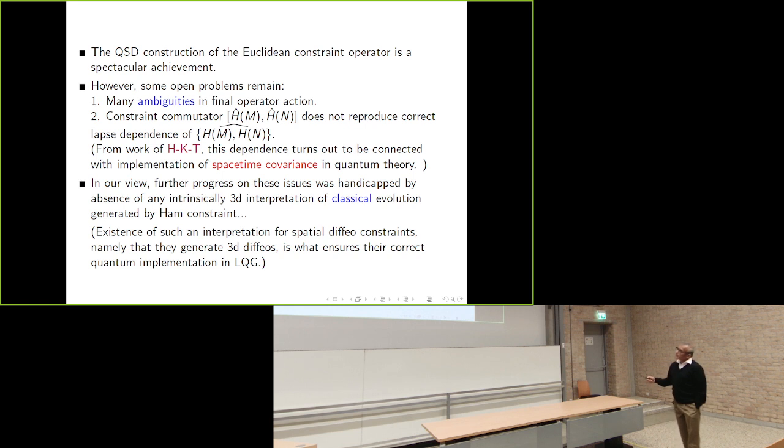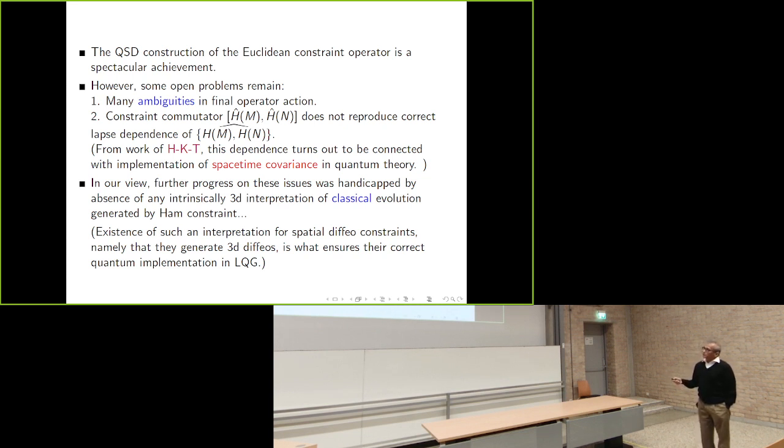And secondly, the constraint commutator between a pair of Hamiltonian constraints does not reproduce the correct lapse dependence of the operator correspondent of its Poisson bracket. And from classic and beautiful work of Hojman, Kuchar, and Teitelboim in the 70s, this particular dependence of the lapse turns out to be intimately connected with the implementation of space-time covariance in the quantum theory. So this is quite important.